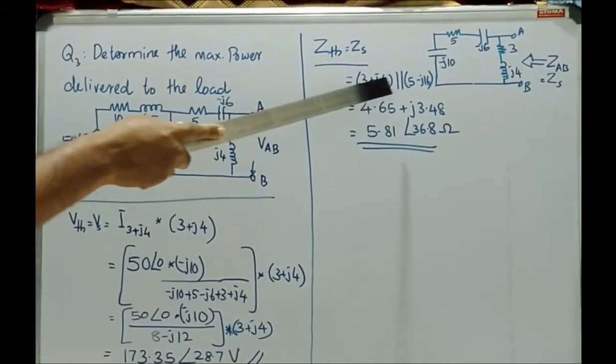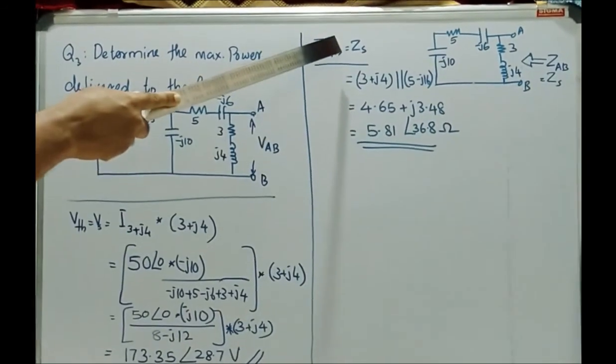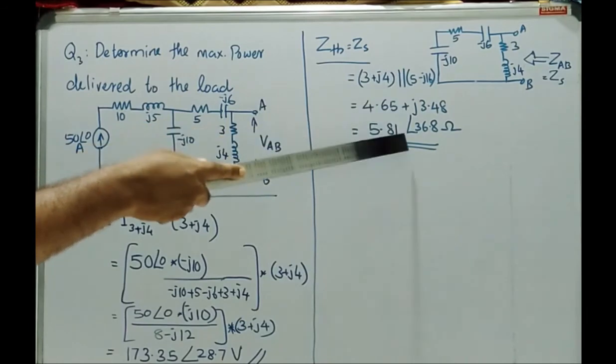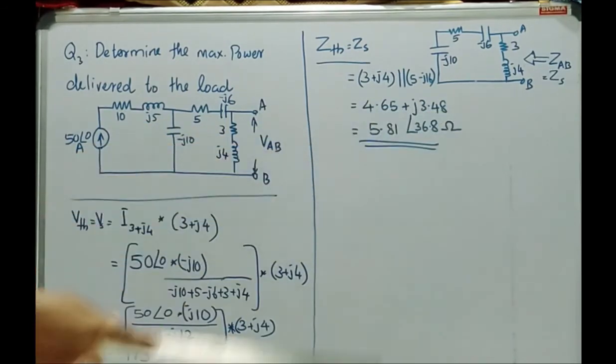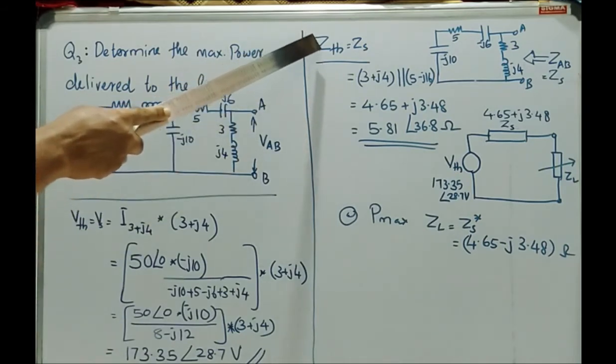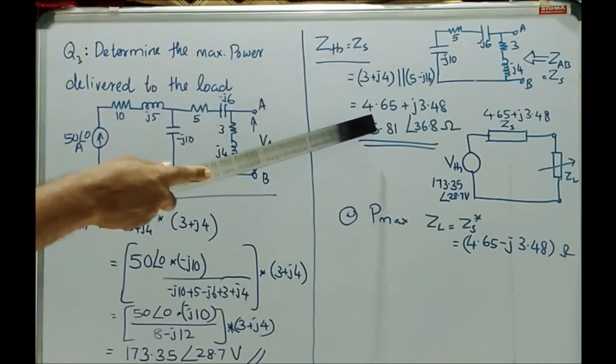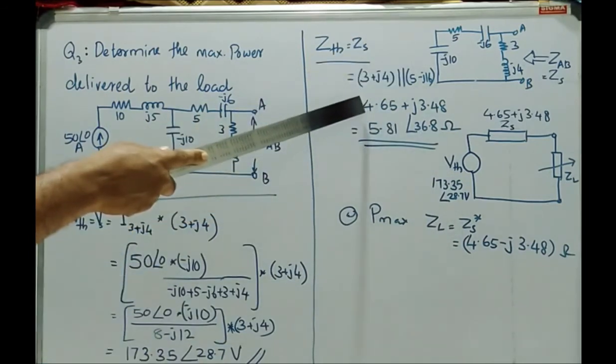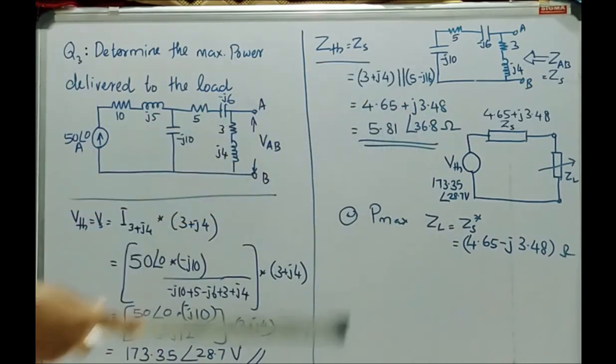Converting that into polar form, we obtain Zs, or Thevenin's equivalent impedance, as 5.81 angle 36.8 ohm. Now we have Thevenin's equivalent voltage, Vs, as 173.35 angle 28.7 volt, and Thevenin's equivalent impedance, Zs, as 5.81 angle 36.8 ohm, or 4.65 plus J3.48 ohm.